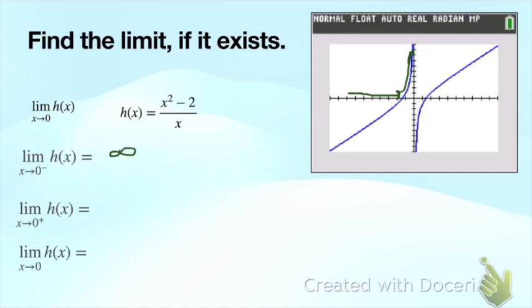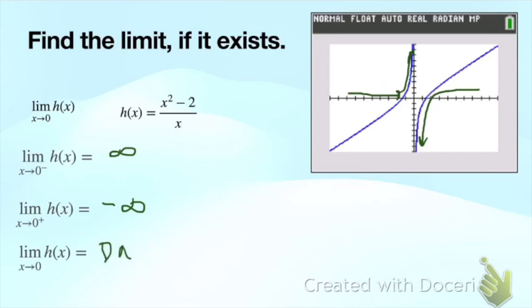Then it says, do the limit as x approaches 0 from the right. Here, we are coming in from here, we get to the line, and we're going to follow it down. This is going to negative infinity. And then it asks, the limit as x approaches 0 of h of x equals. In this case, the left side is going to positive infinity, the right side is going to negative infinity.